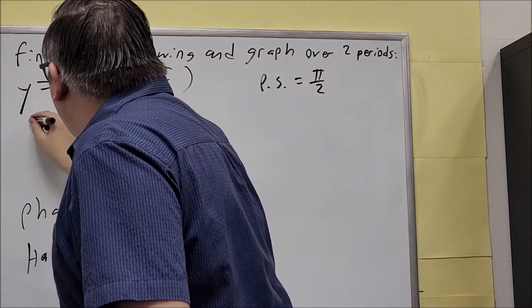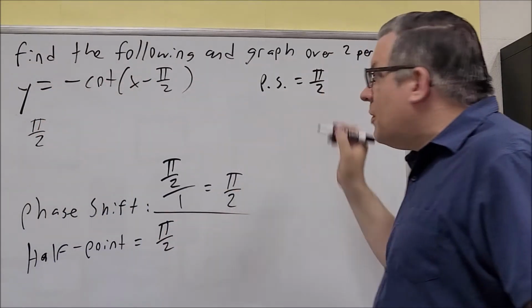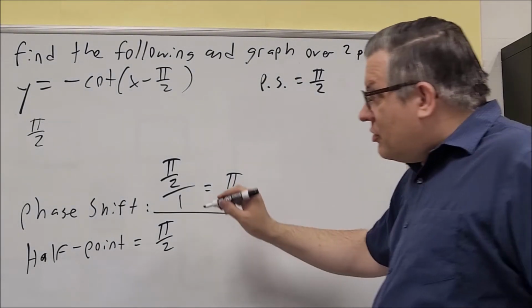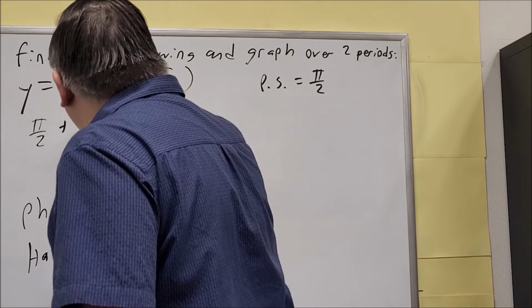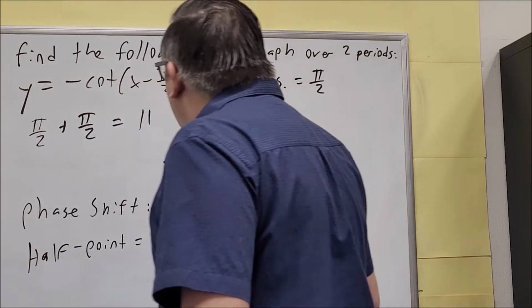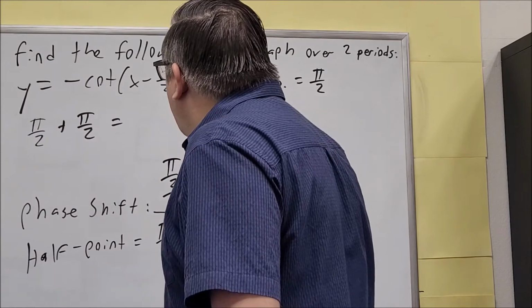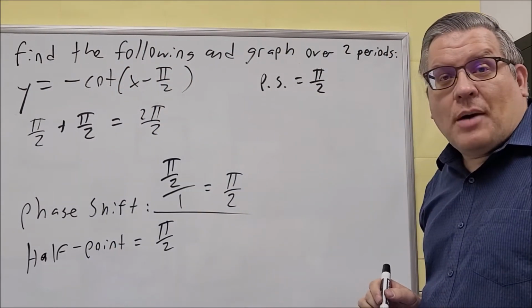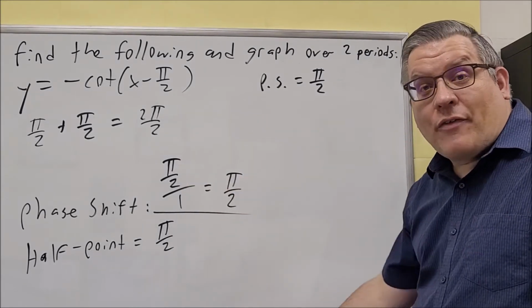That's our first key point, pi over 2, and the half point we're going to add to it. So add pi over 2, and we get pi, but let me write it as 2 pi over 2. That way we can keep the same denominator to make it easier to add the other ones afterwards.